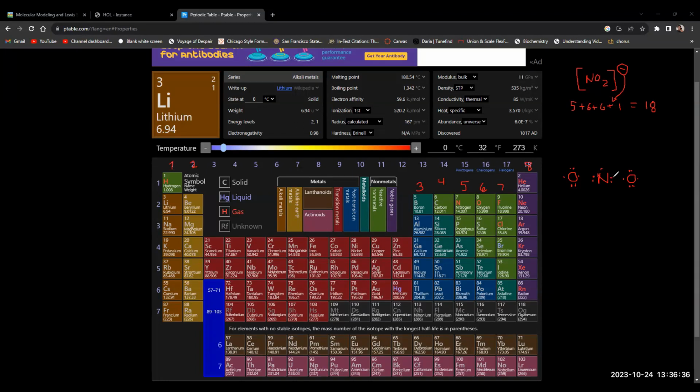Let's create a bond here, and let's create one here. So is our octet full? The answer should be no. So let's try to find a double bond somewhere.